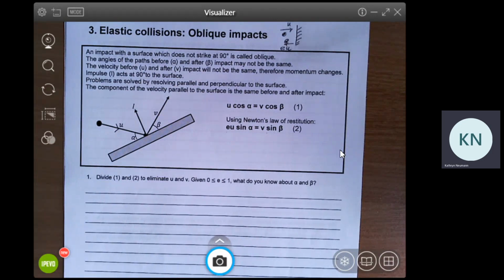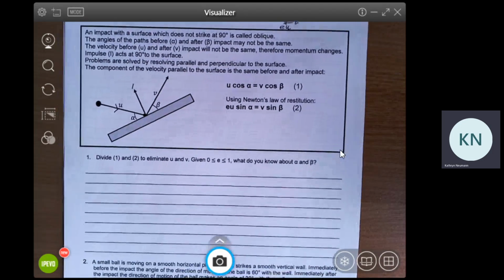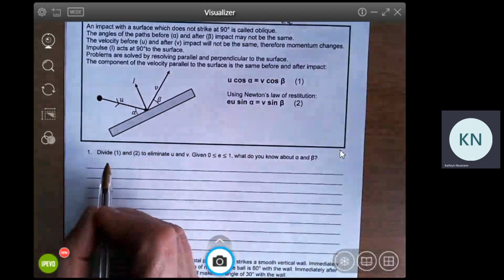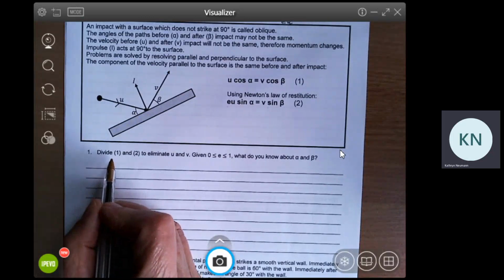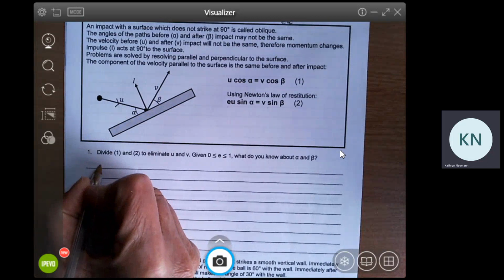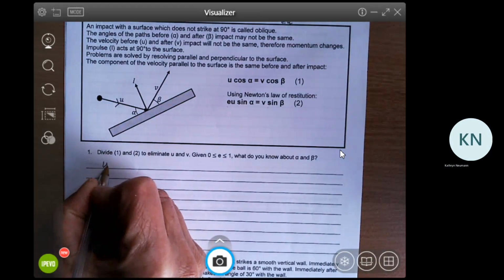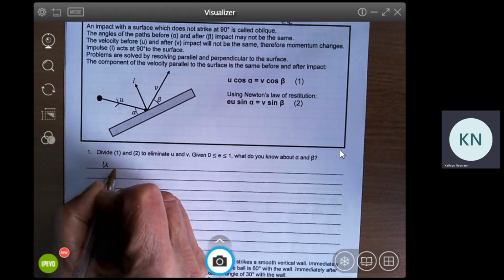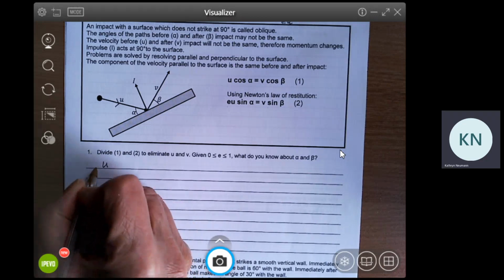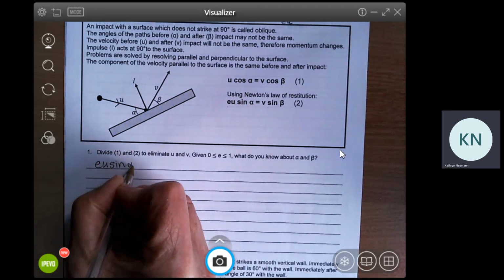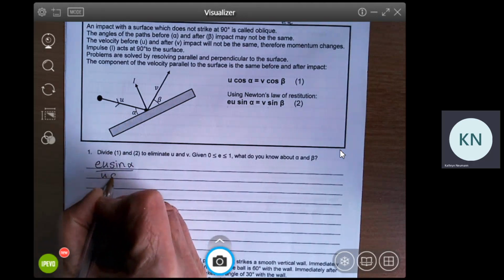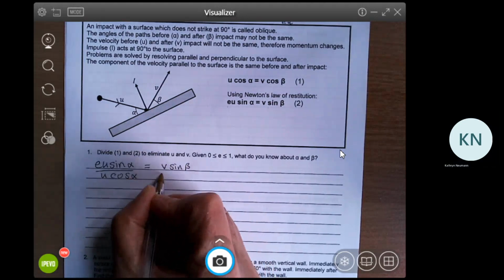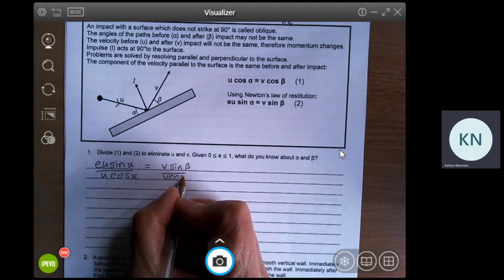So let's just have a look at one or two things that result from using this approach. If we look at these two equations here, and we divide equation 2 by equation 1, let's see what we get. So I've got e u sin alpha divided by u cos alpha is equal to v sin beta over v cos beta.